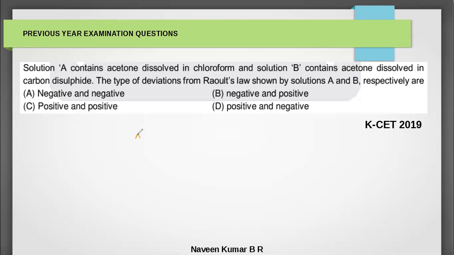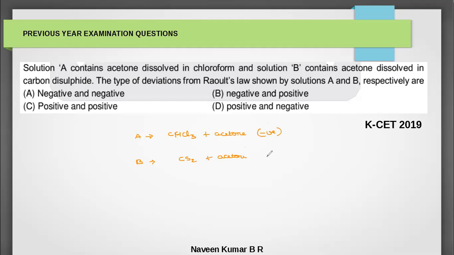considered. So solution A is chloroform, that is CHCl3, with acetone, and solution B is the same acetone with carbon disulfide. We know that the acetone and chloroform mixture will form a solution showing negative deviation from Raoult's law.